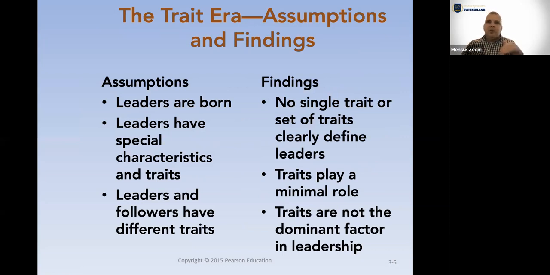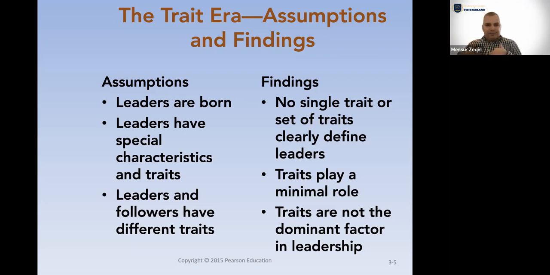And according to this, during this era, it was commonly believed that leaders, by virtue of their birth, were endowed with special characteristics, special traits, special qualities that allowed them to lead others. And these special characteristics, traits, were presumed to push them toward leadership, regardless of the context. This is something that Catherine actually mentioned in the beginning.